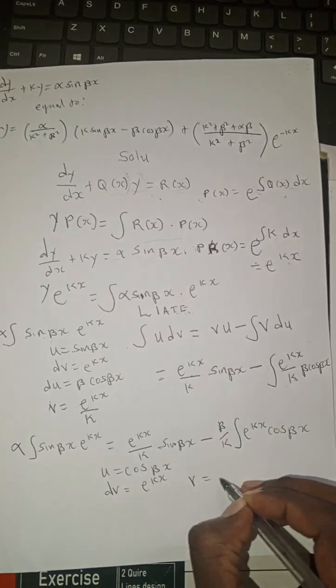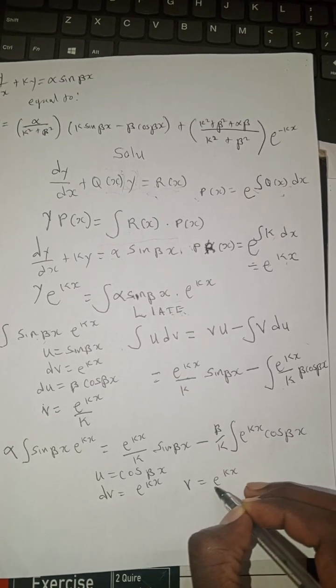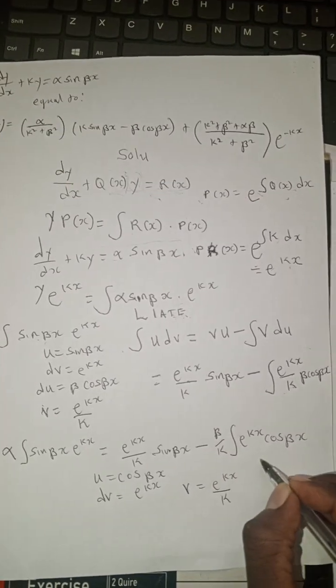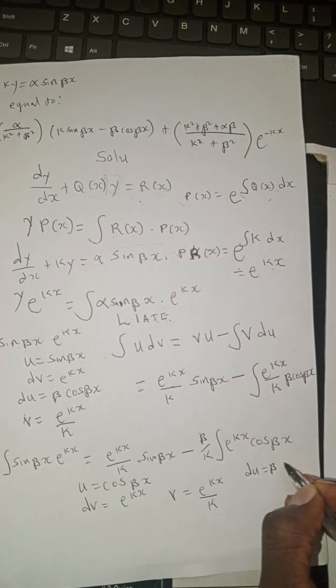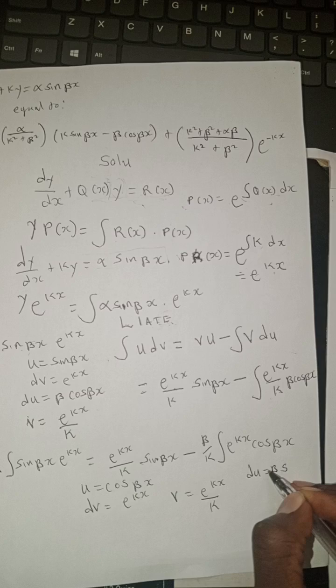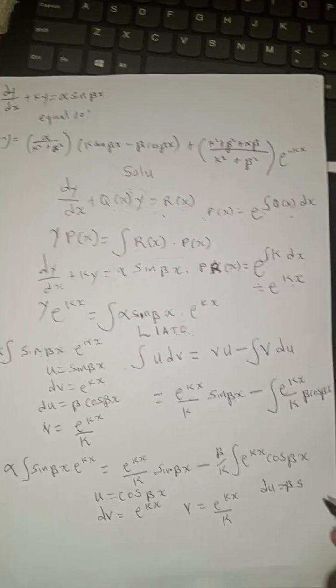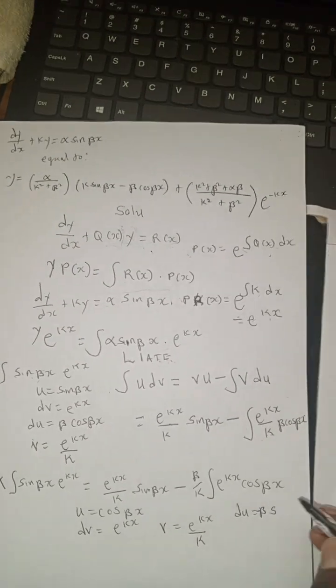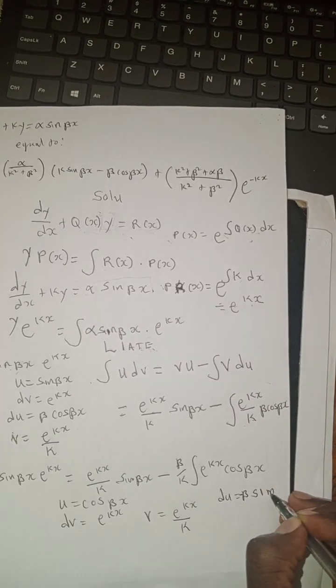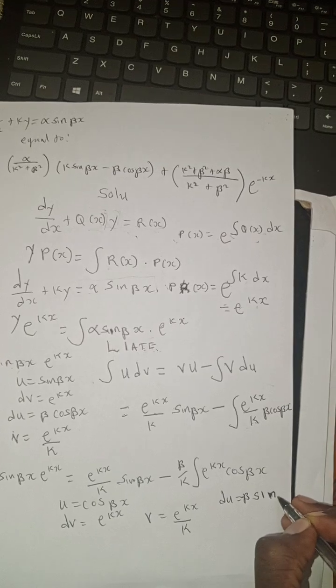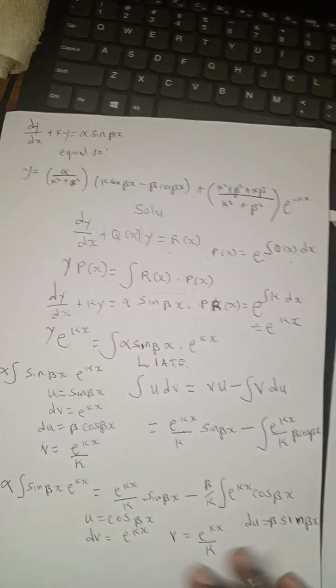So our v is equal to e^kx over k. Then our du is equal to beta sine, but now it will be negative, because when you differentiate cos, it gives negative sine beta x.